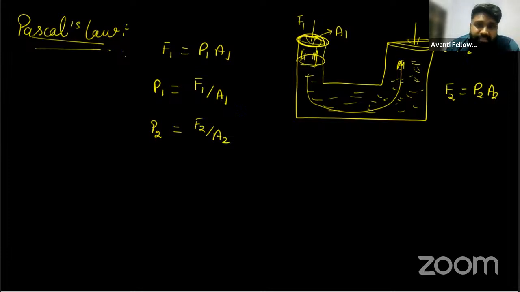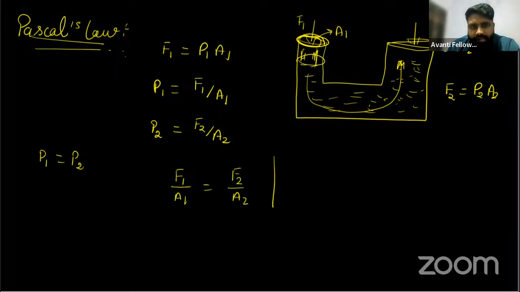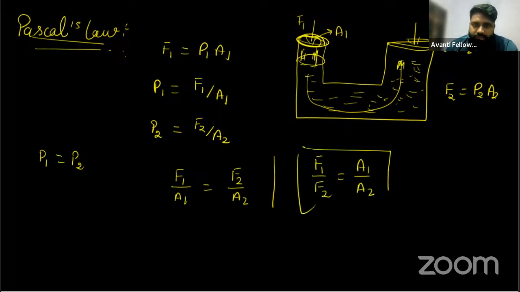Pascal's law says that P1 should be equal to P2. So when you equalize F1 over A1 and F2 over A2 and rearrange, it becomes F1 over F2 equals A1 over A2. This is the concept we are going to apply in this question.